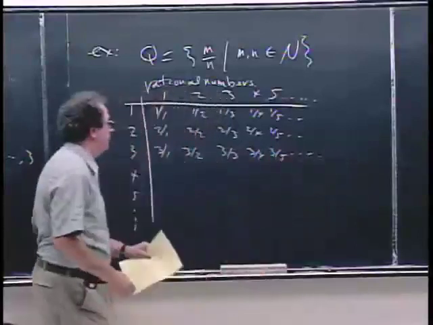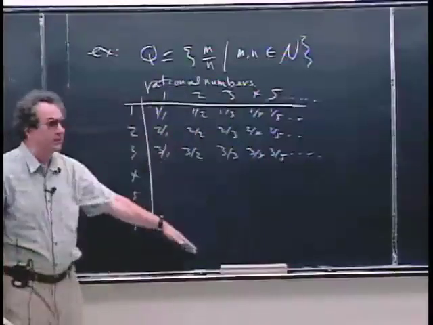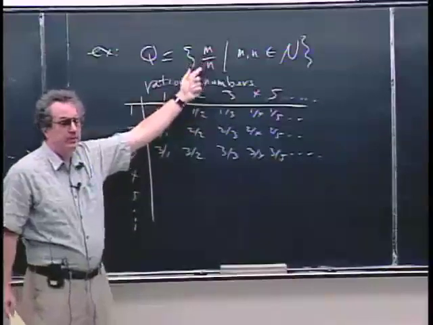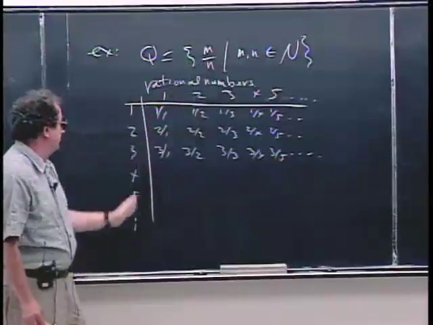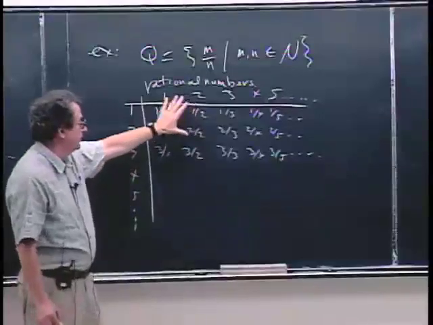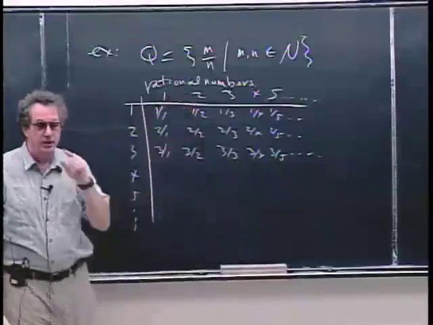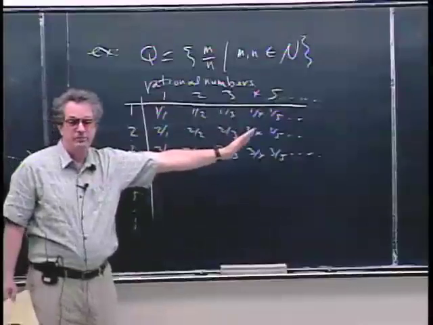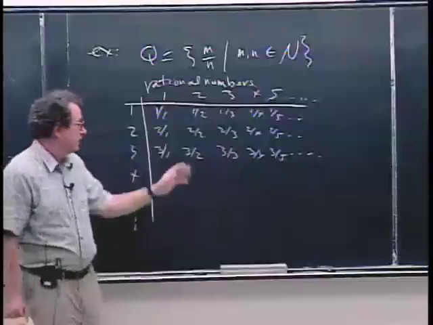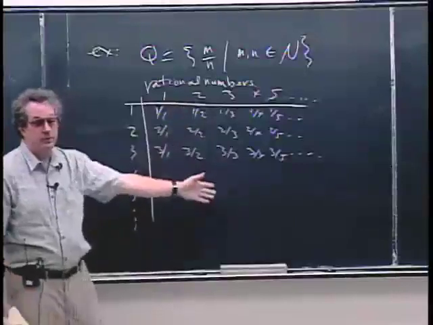Okay. Now, every rational number is here because a rational is the ratio of two natural numbers. Here we're talking about the numerator, here's the denominator, and definitely this two-dimensional table, which goes to infinity in both dimensions, contains all the rationals.